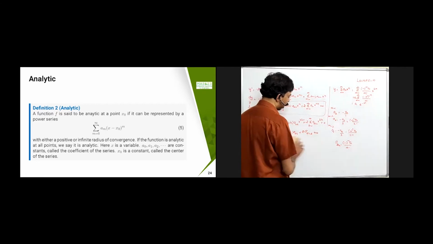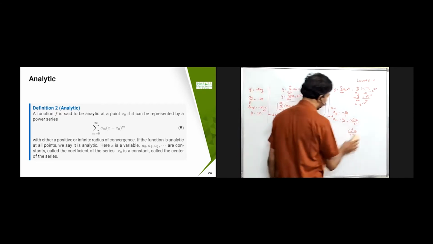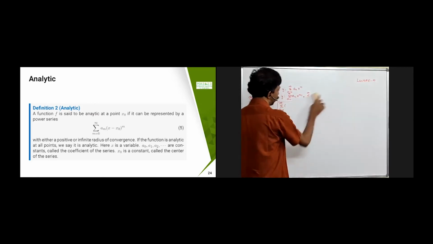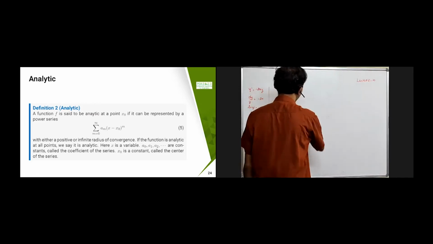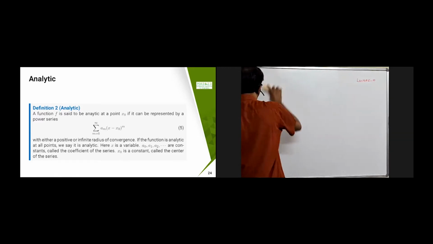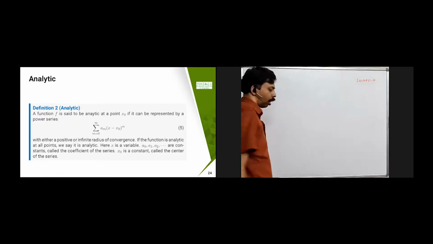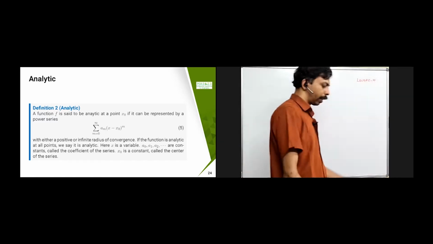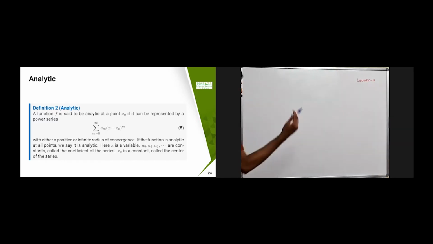We are going to see something called analytic. We will discuss what analytic is, and then go on to regular singular points and irregular singular points. In tomorrow's class, we'll discuss the Frobenius method, etc.